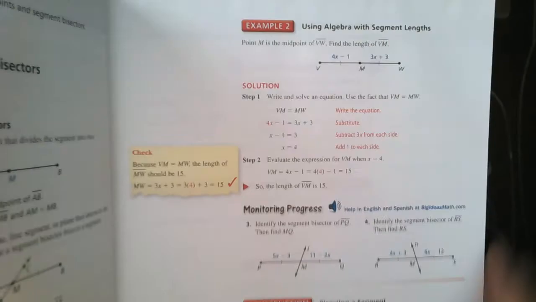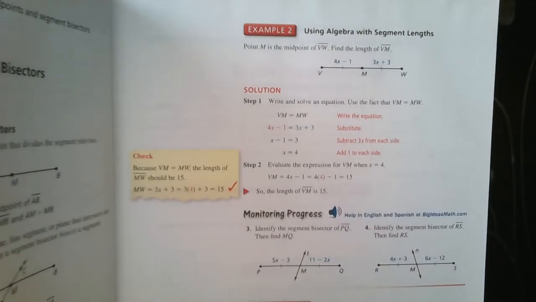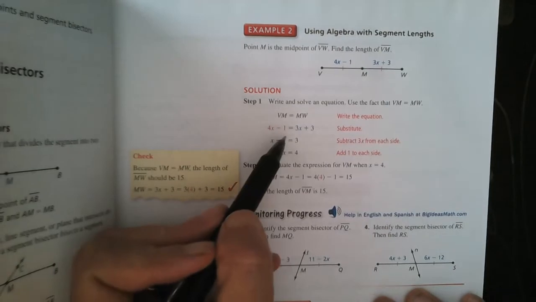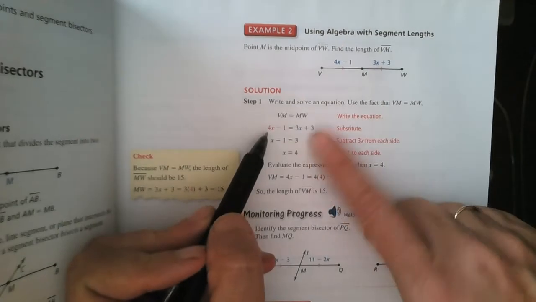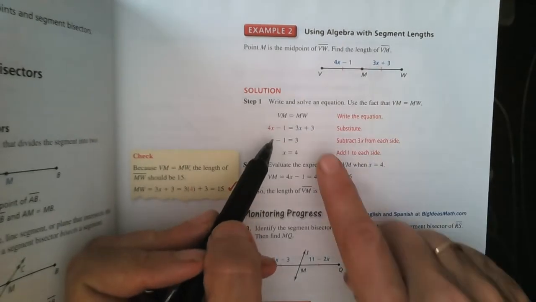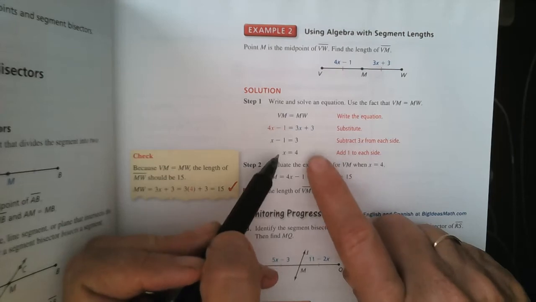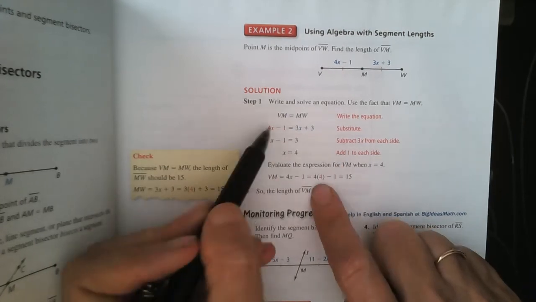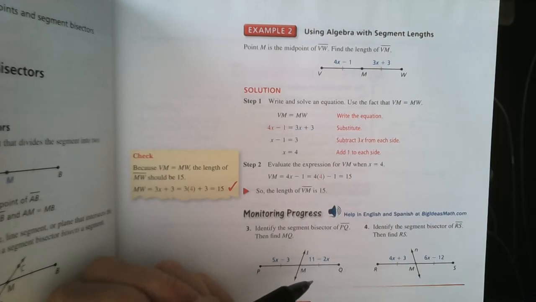Let it focus. Okay. So this is how they got that equation. The two are equal to each other. They subtracted 3x from both sides, etc. Then notice there's two steps here. This figured out what x was, but that wasn't actually what they were asking. What they wanted to know was the length of VM.